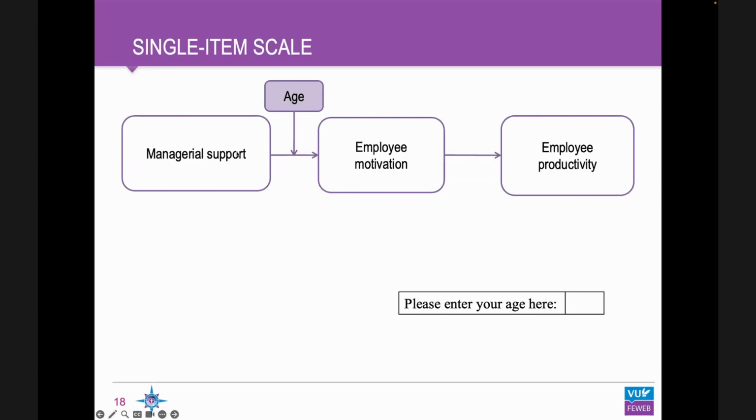For instance, we can simply ask respondents to please enter their ages, right? In this case, it is called a single item scale. We have one question to measure one concept, in this case the concept being age. Of course, this is quite simple, right?